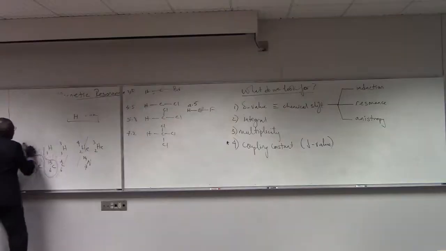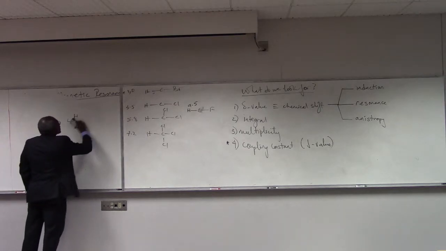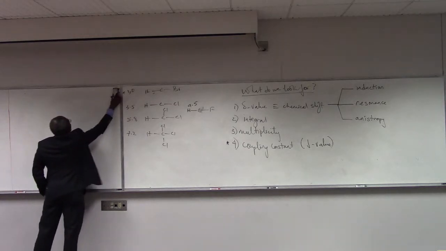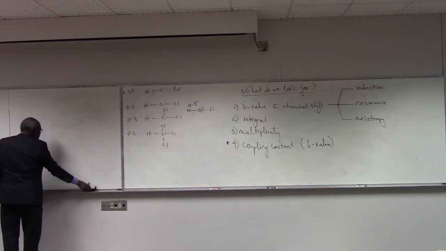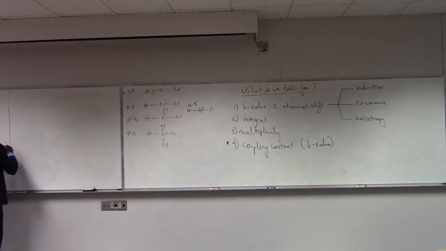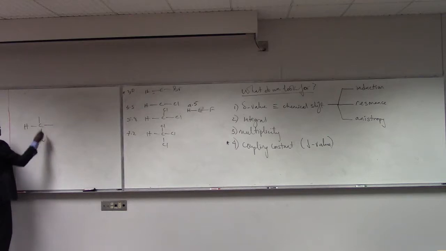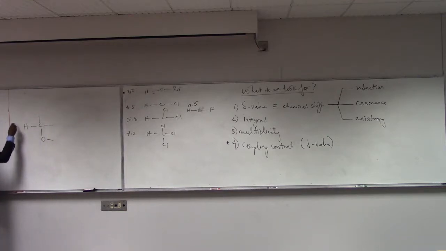But what about resonance? How does resonance play a role in the chemical shift? There are two nice examples of that. And the first one is if you look at the chemical shift of an aldehydic H. So we say H attached to C attached to O, and that H appears at about 3.5.